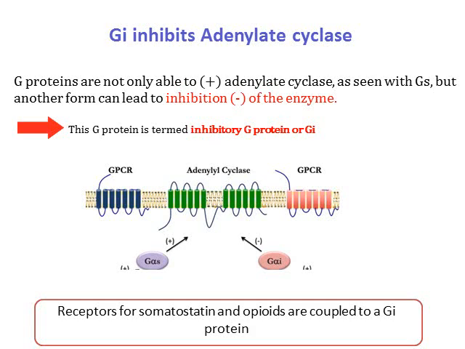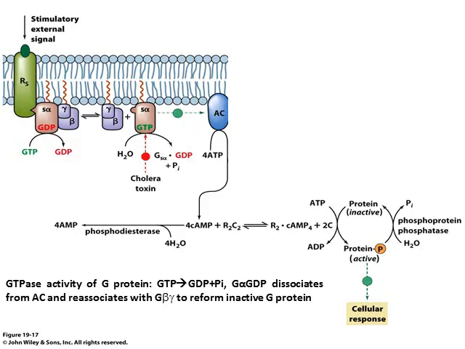An example of this are the receptors for somatostatin and opioids that are coupled to a G inhibitory protein. So to summarize this part, if we have a stimulatory external signal that binds to a receptor coupled G protein, G alpha S stimulatory, the alpha subunit exchanges GDP for GTP, dissociates from the beta gamma subunit and activates adenylate cyclase.